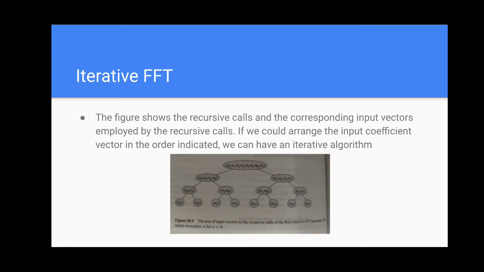Now, to implement the FFT in an iterative manner, it is nothing but the recursive FFT. What it does is it recursively computes single coefficients from the coefficient vector and combines them in the required manner. So we need to know the order in which the coefficients get combined.